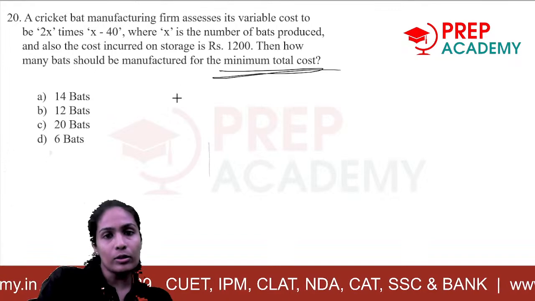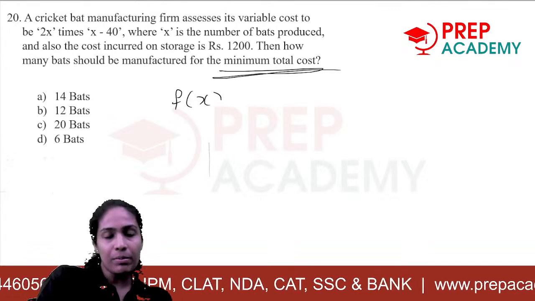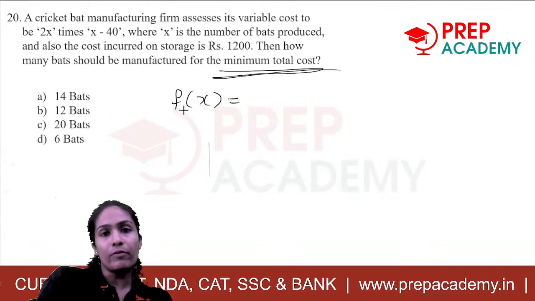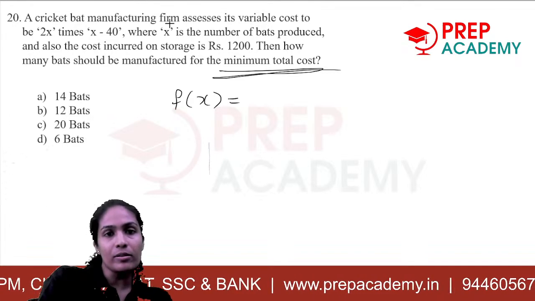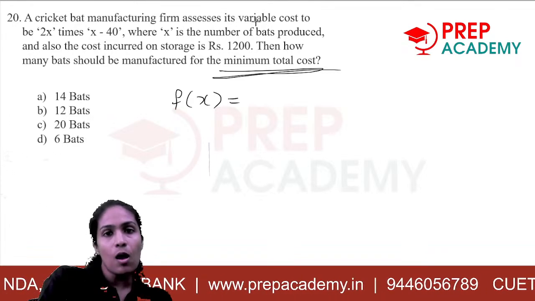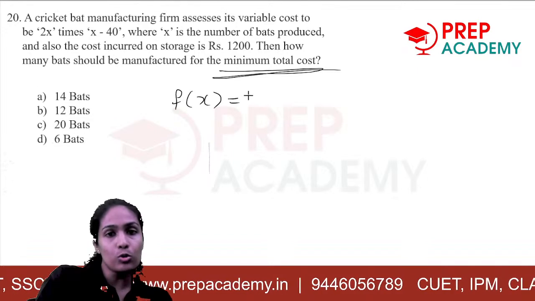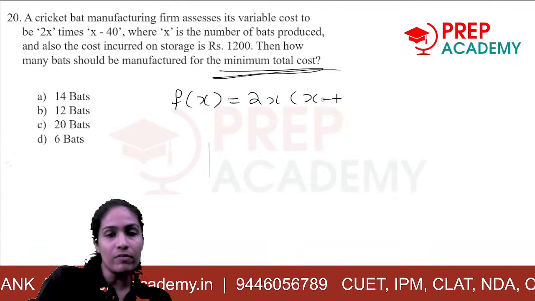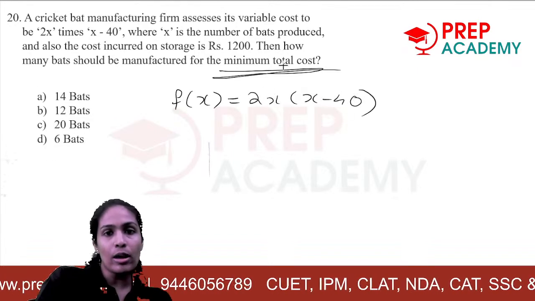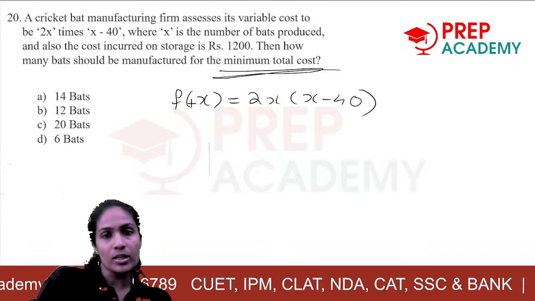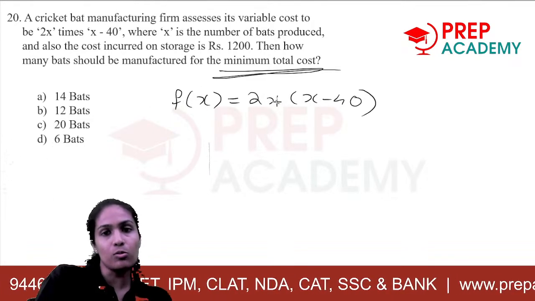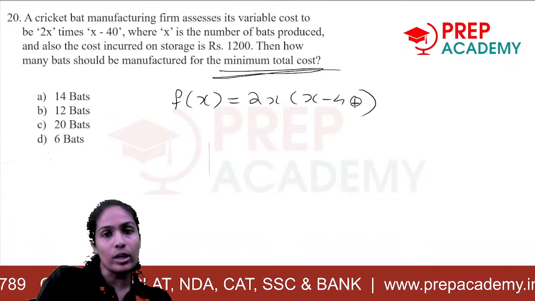So, you have to find the minimum. Here, a cricket bat manufacturing firm estimates its variable cost to be 2x times (x minus 40), where x is the number of bats. So, you have to minimize this cost. This is a cost function, and the function is 2x into (x minus 40).